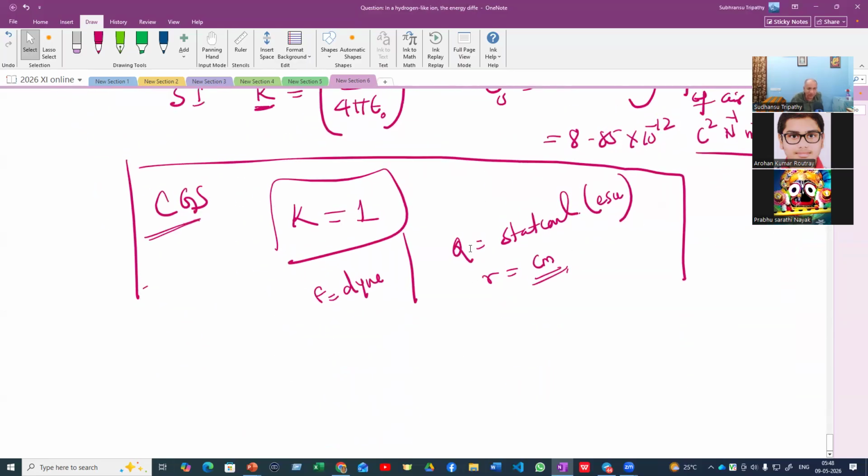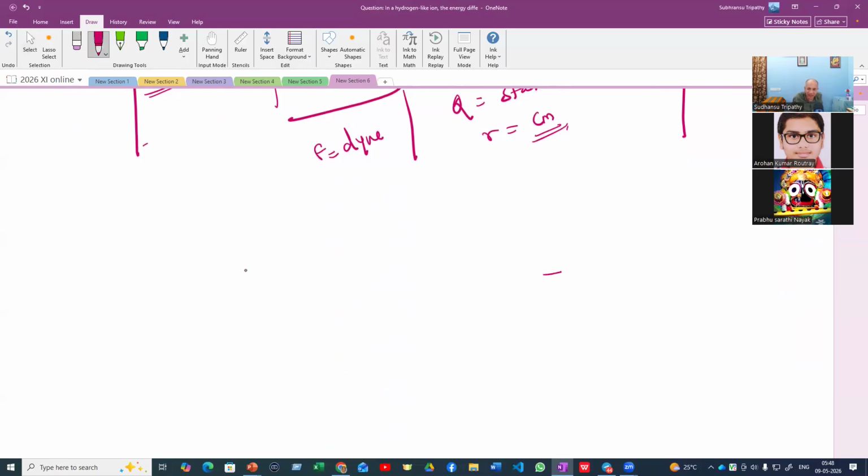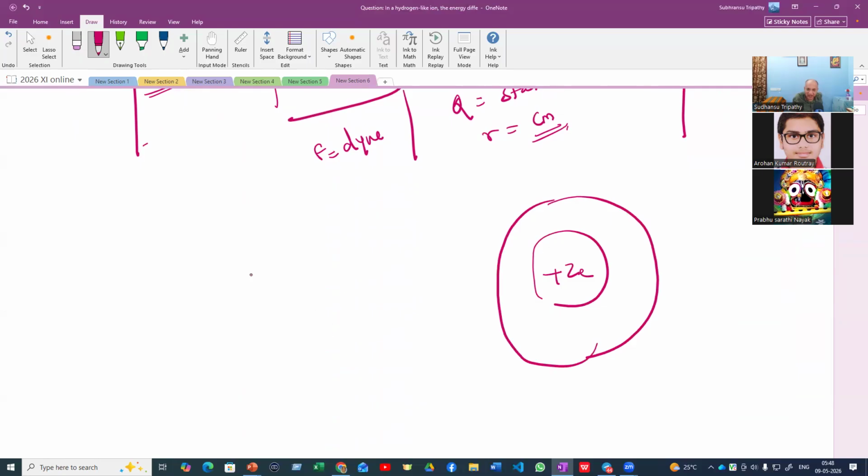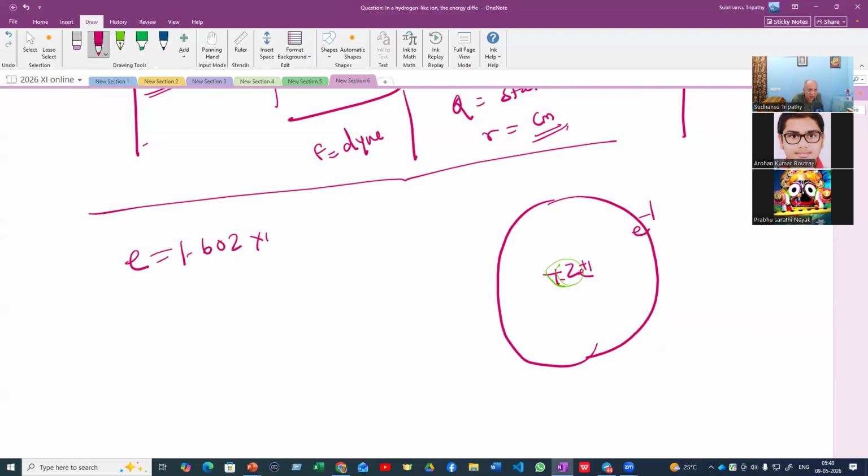So let us try to, once again, this is the nucleus, which carries the positive charge Ze, and there is one electron. This is proton. Proton and electron have the same charge. How much? 1.602 into 10 to the minus 19 coulomb in SI.